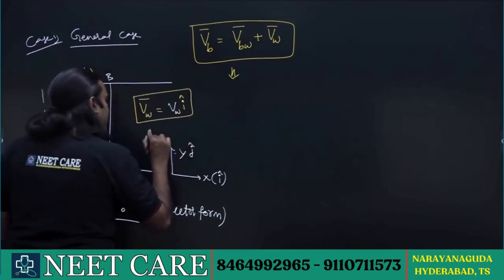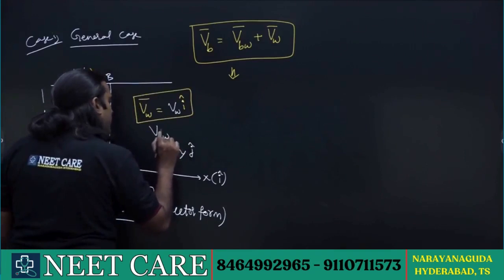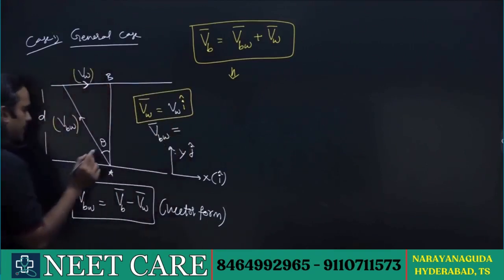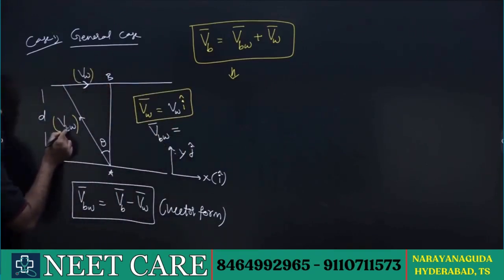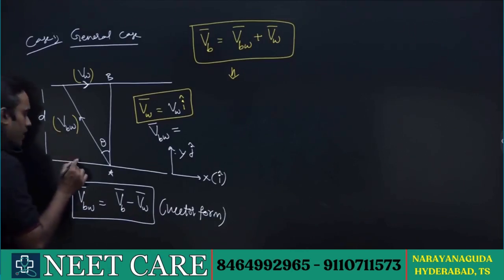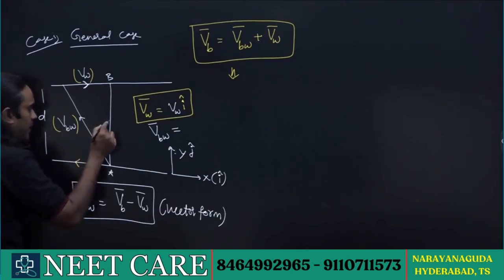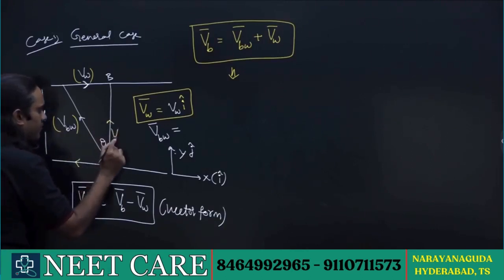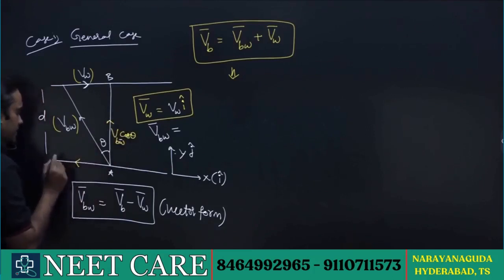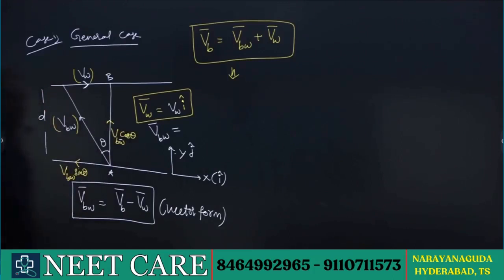And similarly, velocity of boat with respect to water can be written as, listen carefully, if you resolve it along this direction and along this direction, this would be VBW cos theta and this would be VBW sin theta. That's it. This is along the y-axis, this is along the x-axis.